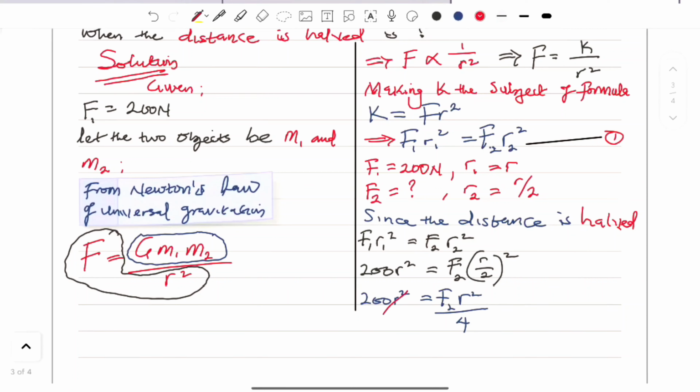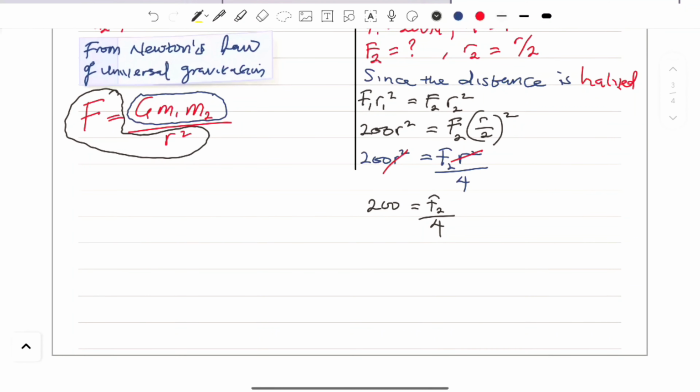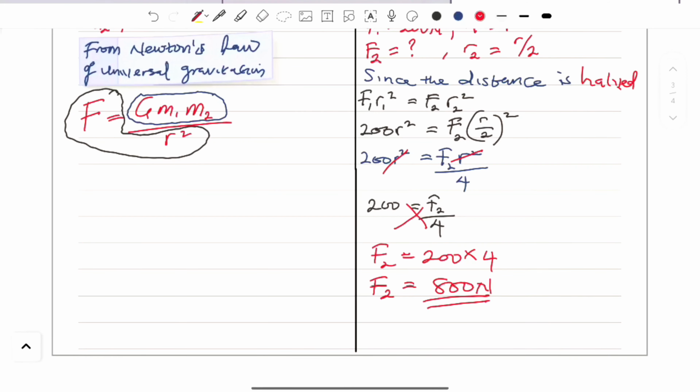Cancel R squared at both sides. Then you have 200 is equal to F2 over 4. Then we can cross multiply so that we can make F2 the subject of the formula. Hence, F2 is equal to 200 multiplied by 4, and 200 multiplied by 4 will give you what? F2 is equal to 800 Newton. I hope this is clear.